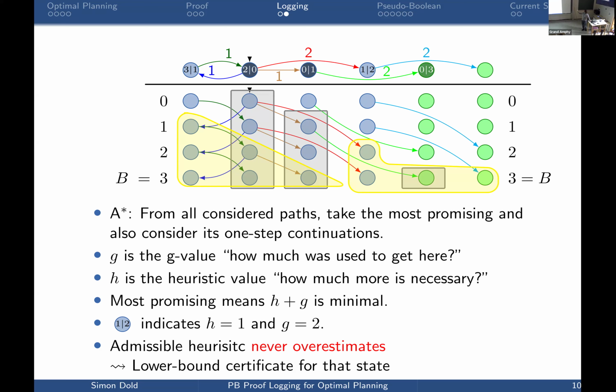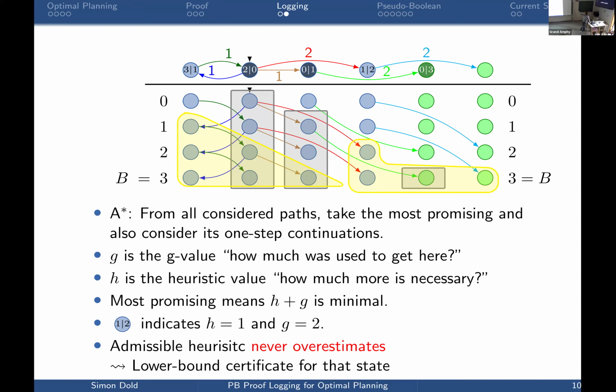And now we have some, let's say, dangling certificates here in yellow, and we have those boxes about the states that we expanded. So we know that the states with higher costs are also not worth considering.